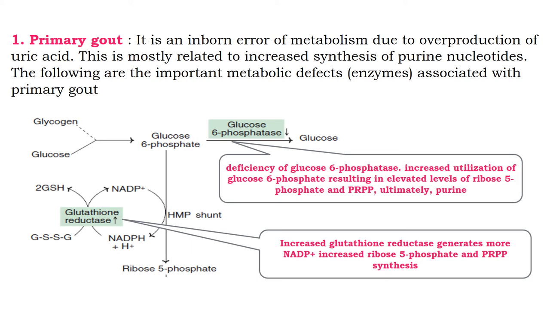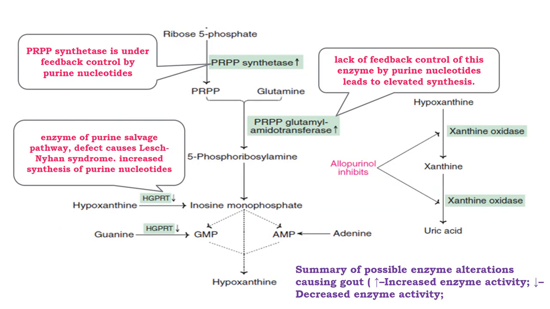So these two cases will definitely lead to primary gout, and this is especially in newborns. Then you can see from ribose 5-phosphate we are going to get PRPP and glutamine, which will lead to phosphoribosylamine, and thereby we are going to get hypoxanthine. From hypoxanthine we are going to get uric acid.